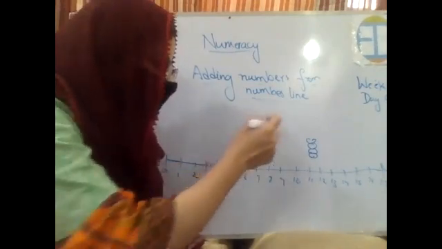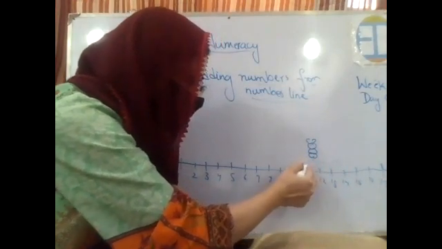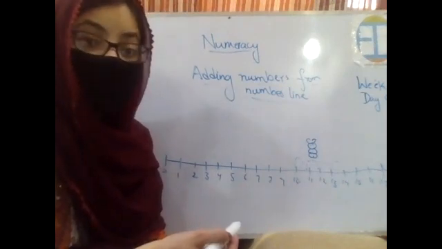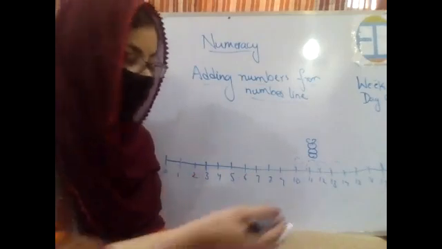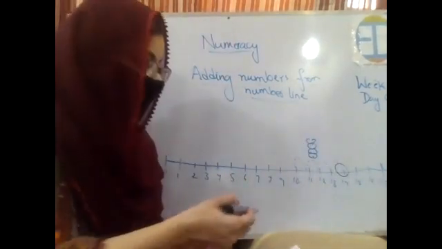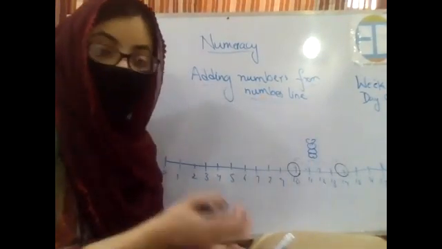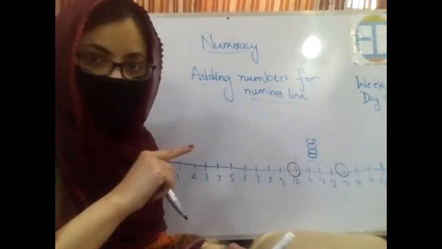Let's say the rabbit starts from number 14. It first hops to 13, then 12, then 11, and stops at 10. And you are supposed to find that difference. So what you will do, you will first identify the number which is the starting point, right? Then you will identify the number which is the ending point, right? So we have two numbers now, and definitely there would be a difference in their values as well, right?